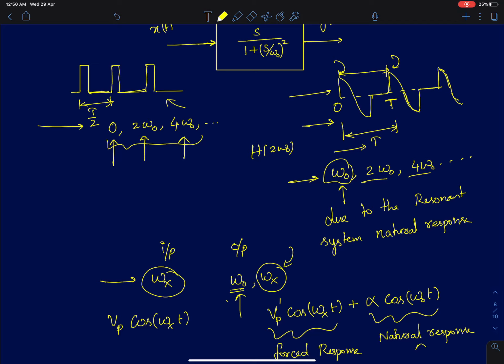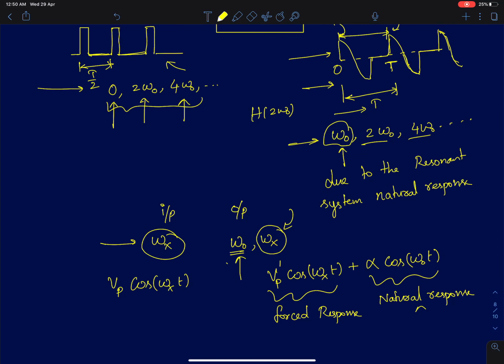That is because of the resonant behavior of the system, which is a natural response of the system. To generalize this result, I'll use a similar approach to what we did in the previous problems. If I feed an input of this type, Vp cos omega x t, to the system, the output is going to look like Vp dash times cos(omega x t plus phi). It will have a phase as well. Vp dash is simply Vp times the magnitude of H(j omega x).